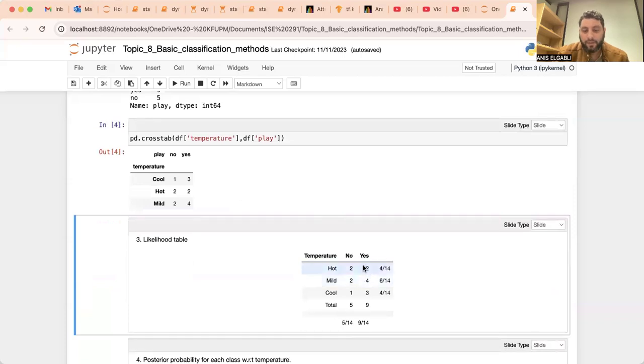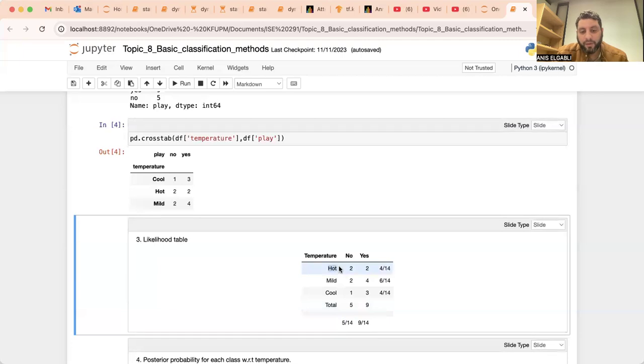Now we have yes and no. In 9 samples, we sum this column, which is the column of yes. 9 samples out of the total 14, the value for play was yes, and for 5 samples, the value was no. So the probability of yes is equal to 9 over 14, and the probability of no is equal to 5 over 14. Now we have the probability of yes and the probability of no.